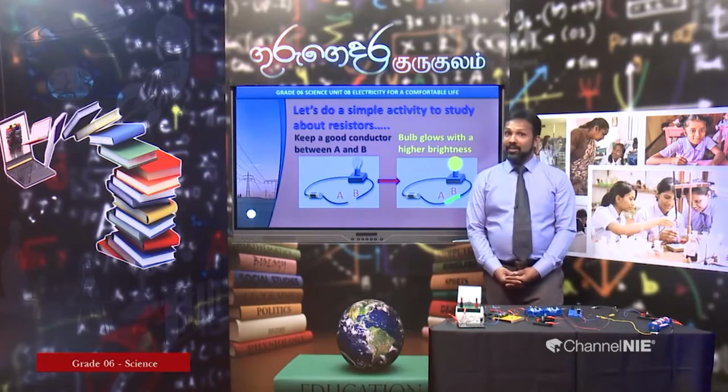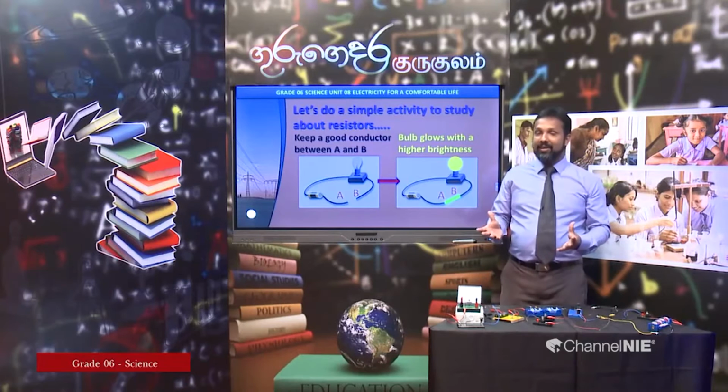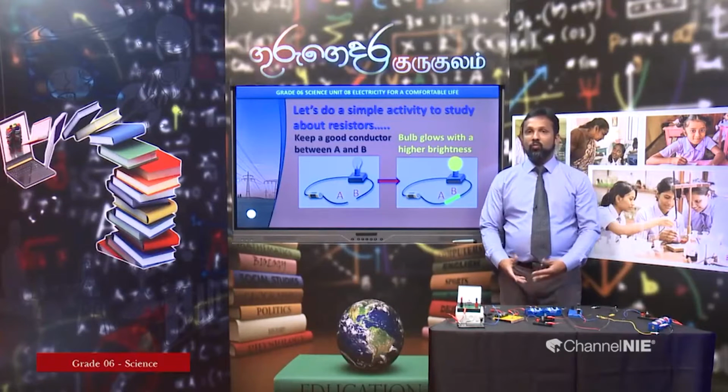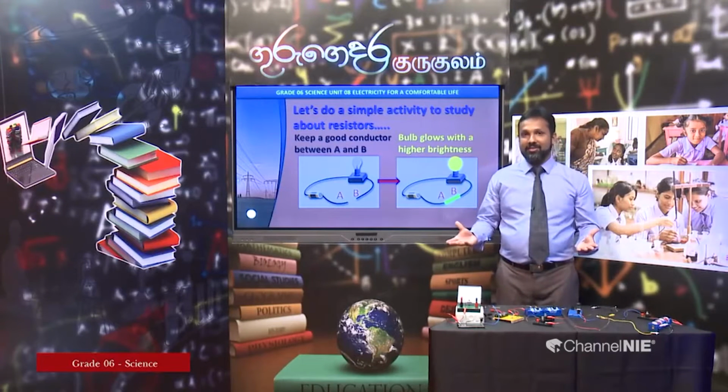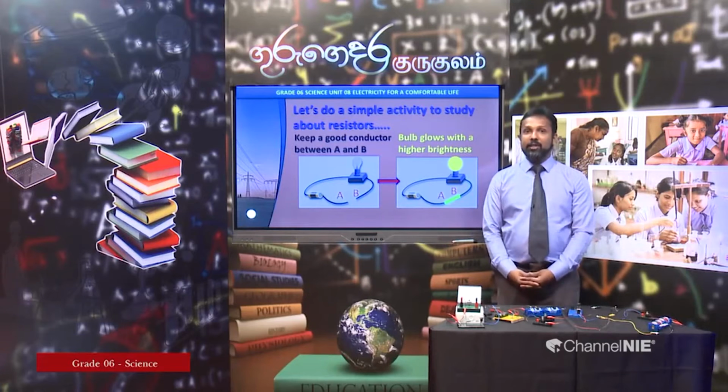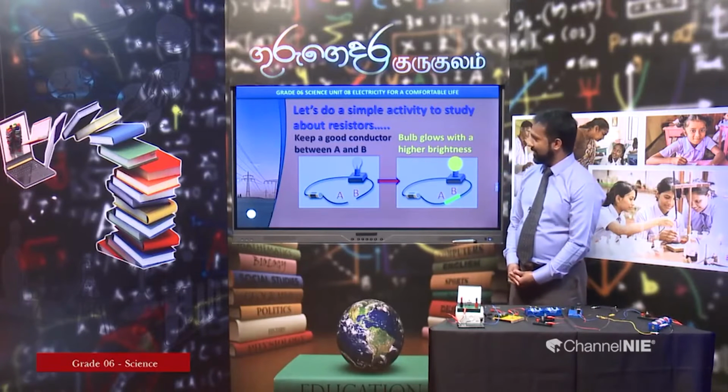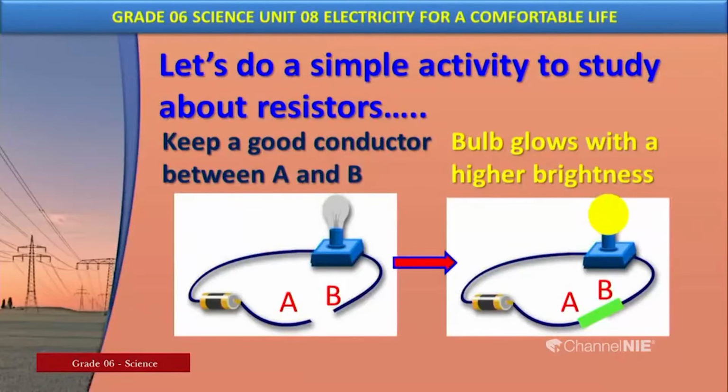Let's do a simple activity to find out what resistors are and the function of resistors. Right. First of all, I am going to keep a good conductor between A and B in this circuit.